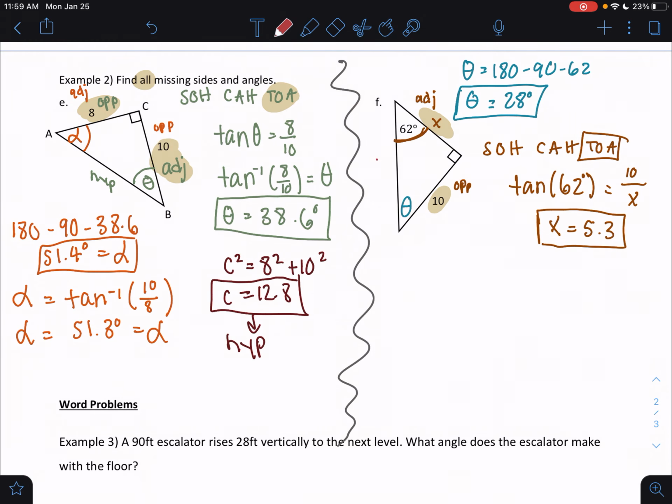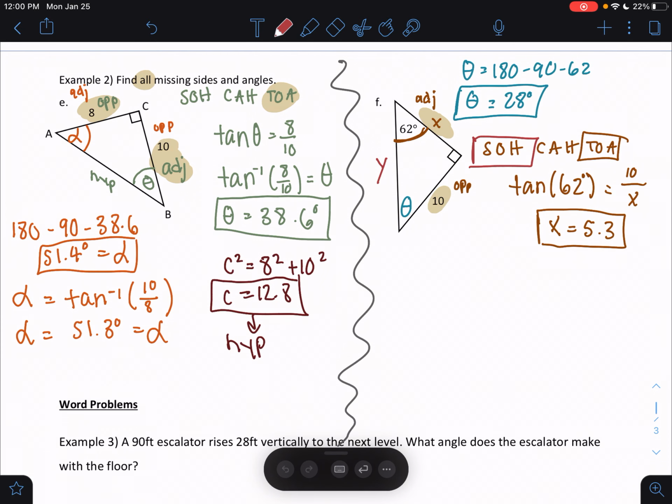Now we need to find the hypotenuse, and I'm going to label that y. Again, you could use the Pythagorean theorem here, but since we have decimals and we're not 100% positive that this one is correct, I mean, I can tell you it is, but when you're taking your test, you might not be 100% positive it's correct. So I'm going to go ahead and use sine. So the sine of 62 degrees is 10 over h.